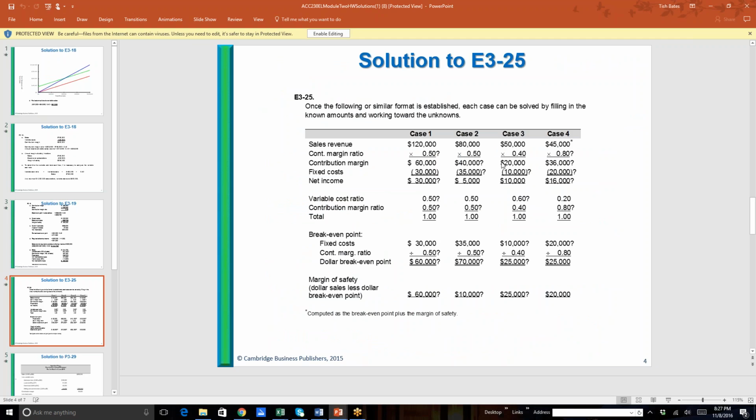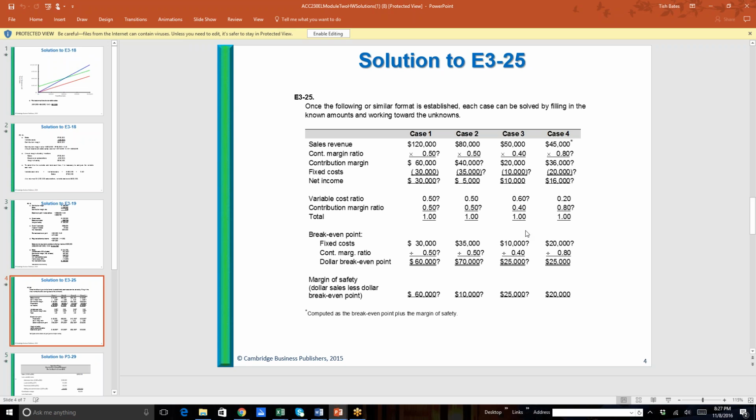So if this is 40%, then we can divide the 20,000 by 40% to get our 50,000 sales revenue. And our net income was 10,000, so our fixed costs had to be 10,000.